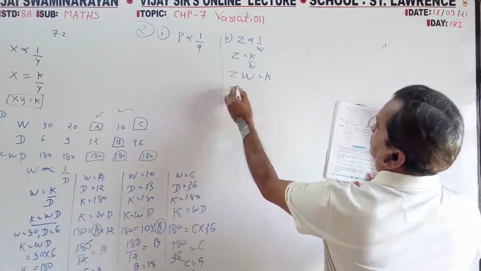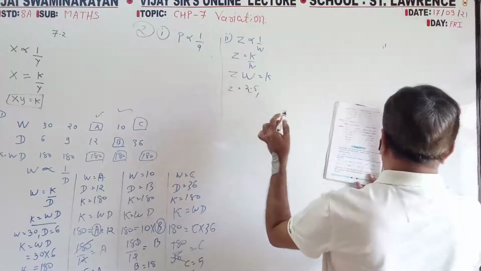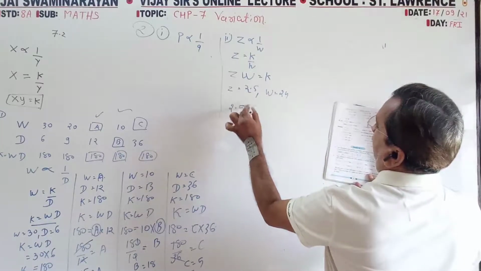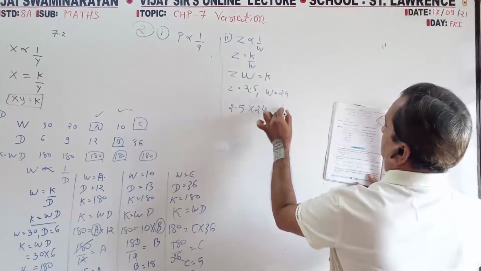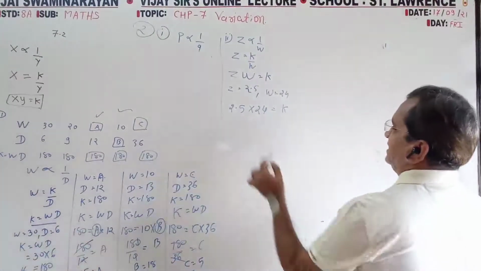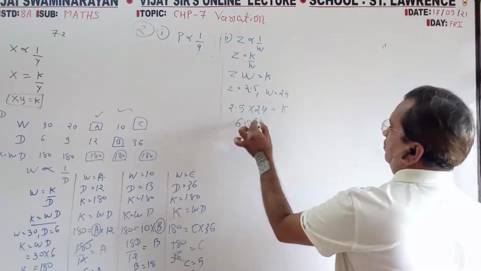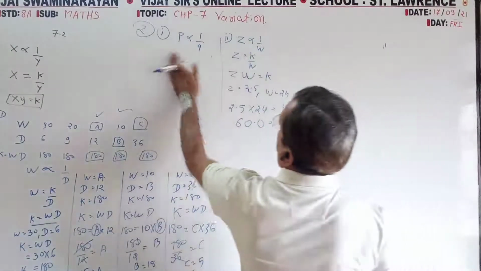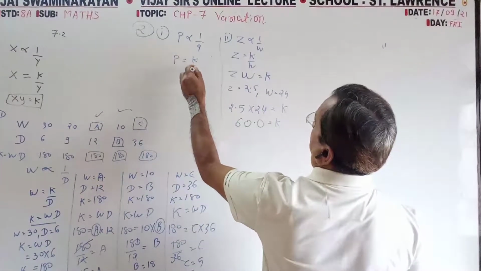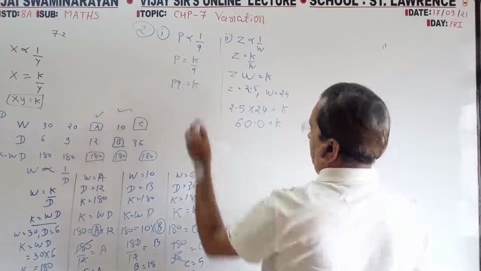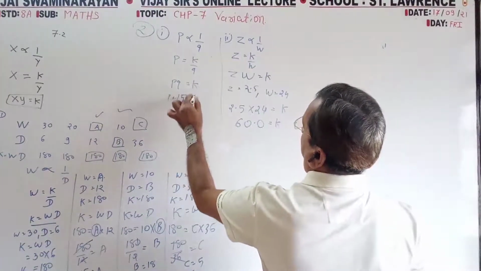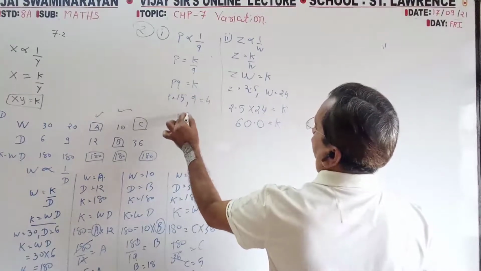Z is 2.5, W is 24, 2.5 into 24, 24 half 12, 12 half 6, so it is 60, K is 1.5. So PQ is equal to K. P is given 15 and Q is 4, so 15 into 4.